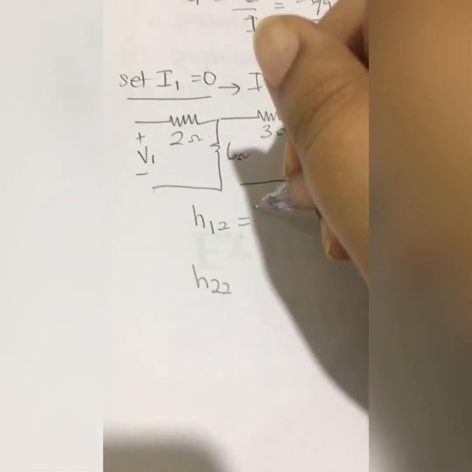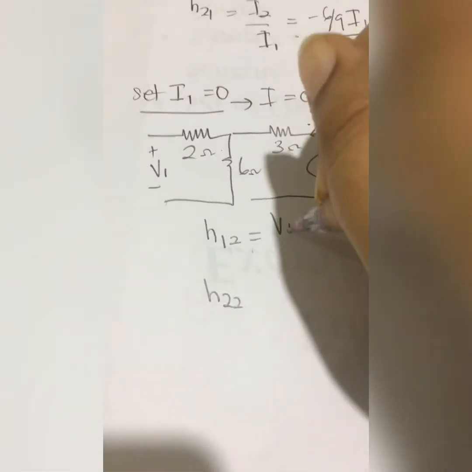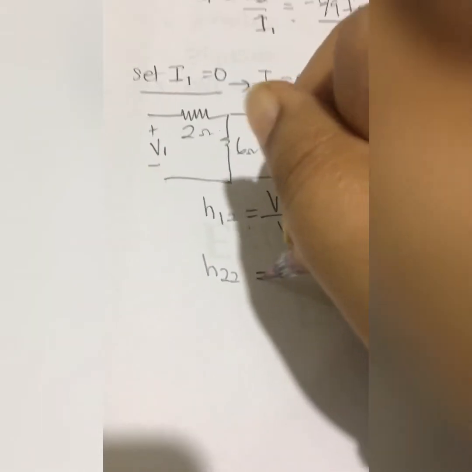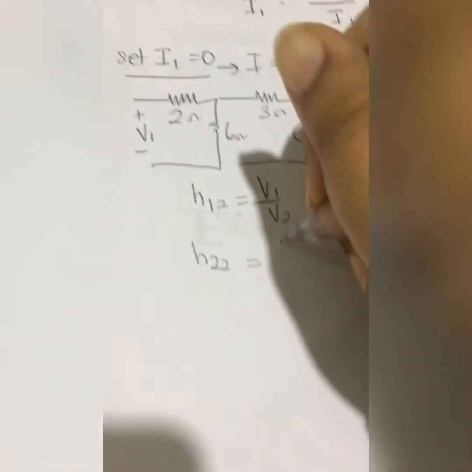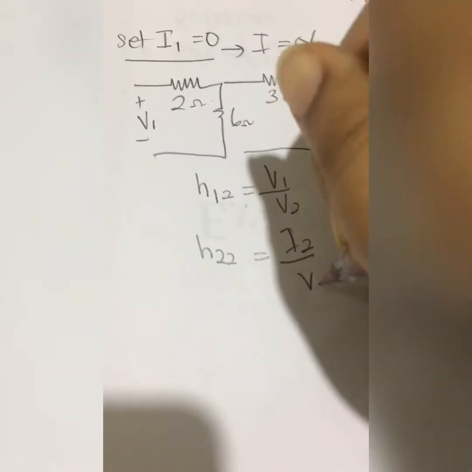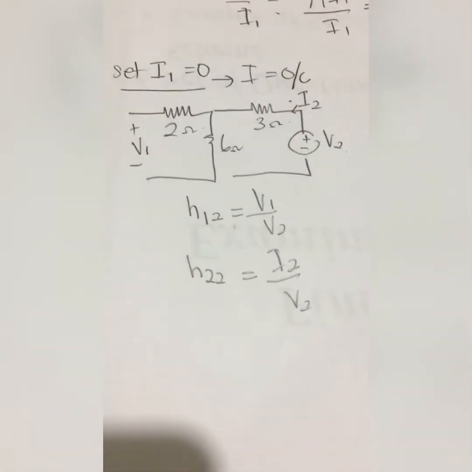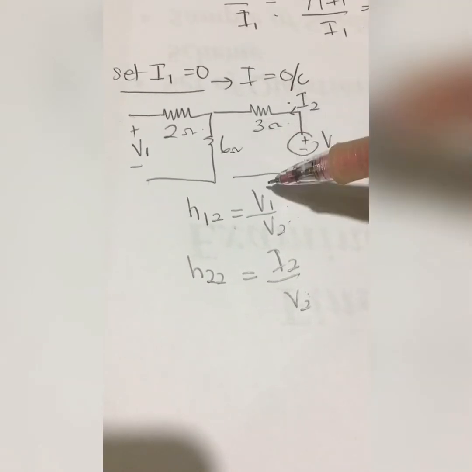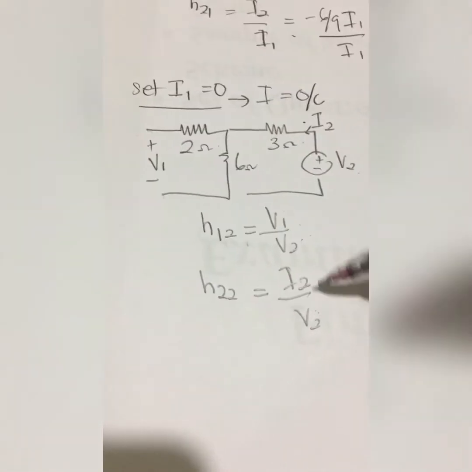H12 for this case is equal to V1 divided by V2, and H22 is equal to I2 divided by V2. Okay, so for both parameters we have V2, then we need to find what is V1 and I2 in terms of V2.